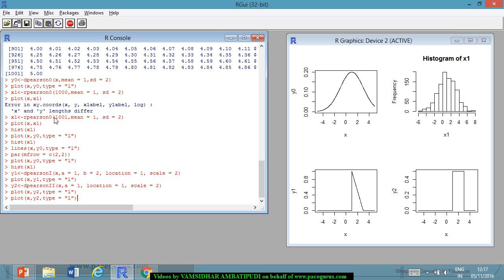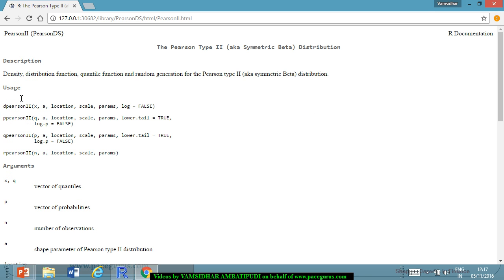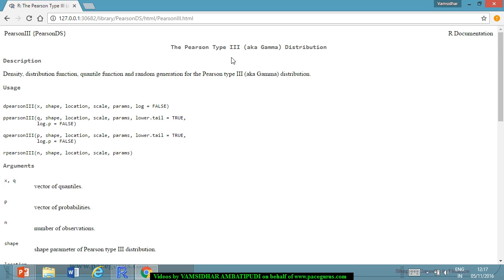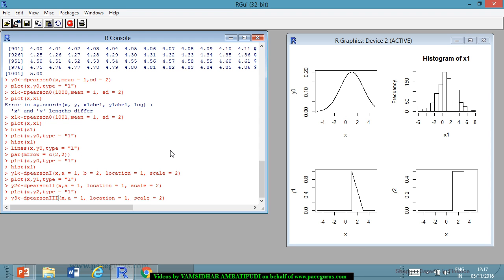Now similarly I can very well go ahead with y3. The third distribution, the Pearson type 3 distribution. Let's see what this type 3 distribution is. Right, when I'm typing type 3, it's actually a gamma distribution. So it requires a shape parameter, a location parameter, and a scale parameter. Three things it requires.